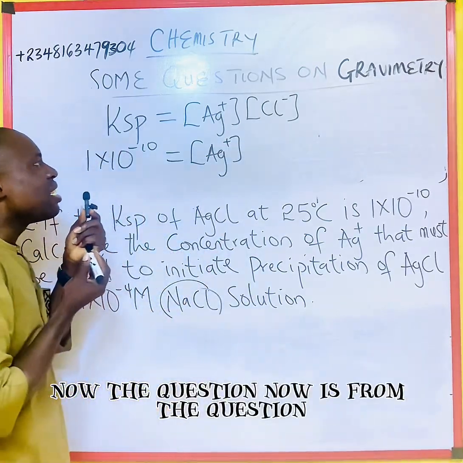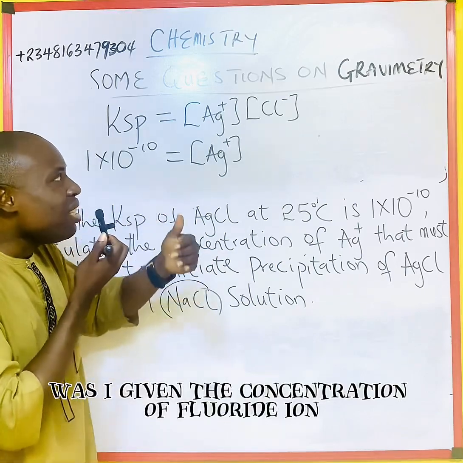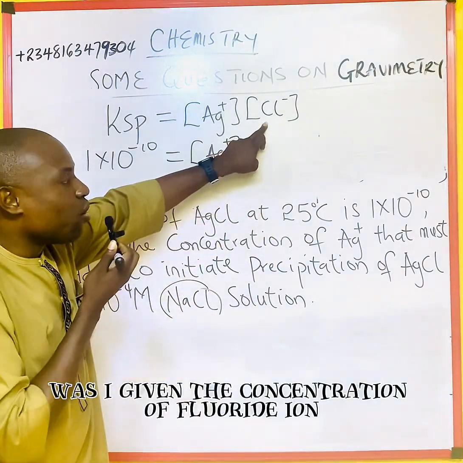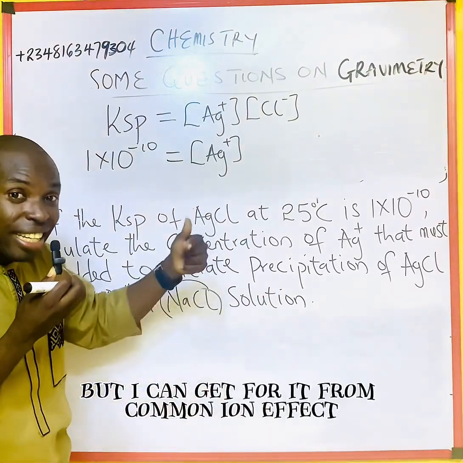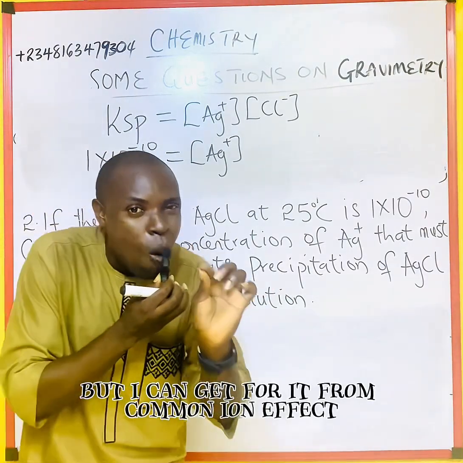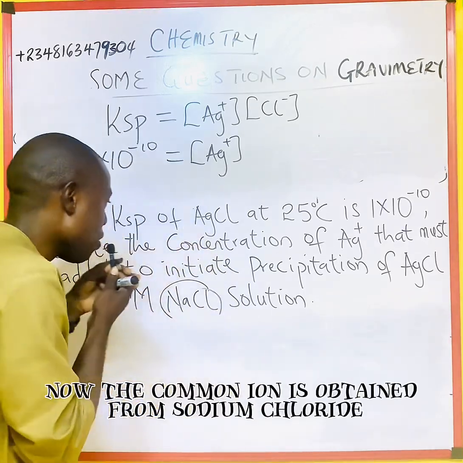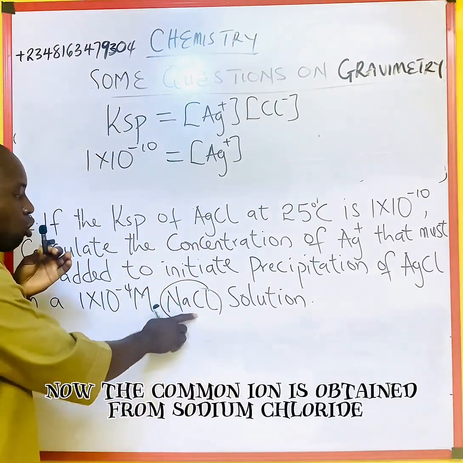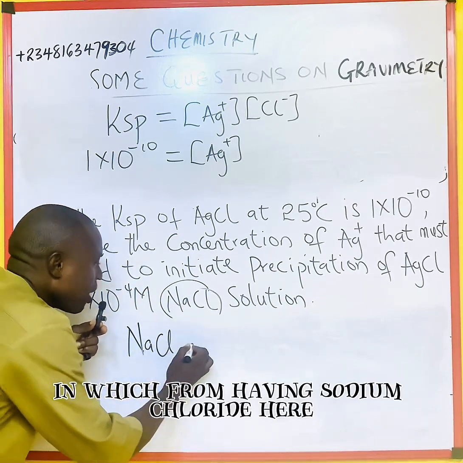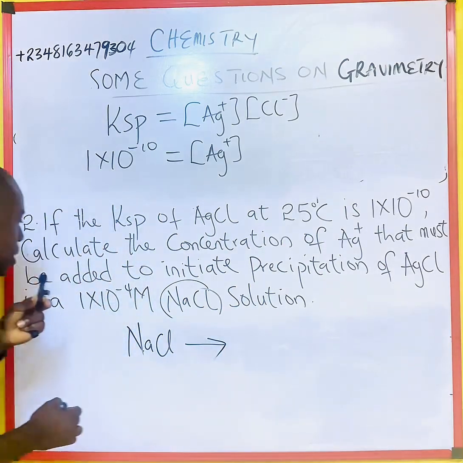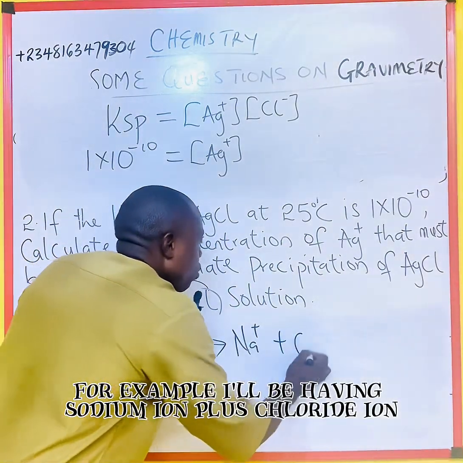Now, the question is, from the question, was I given the concentration of chloride ion? The answer is yes, but not directly. But I can get it from the common ion effect. The common ion is obtained from sodium chloride, which, when it ionizes, gives sodium ion plus chloride ion.